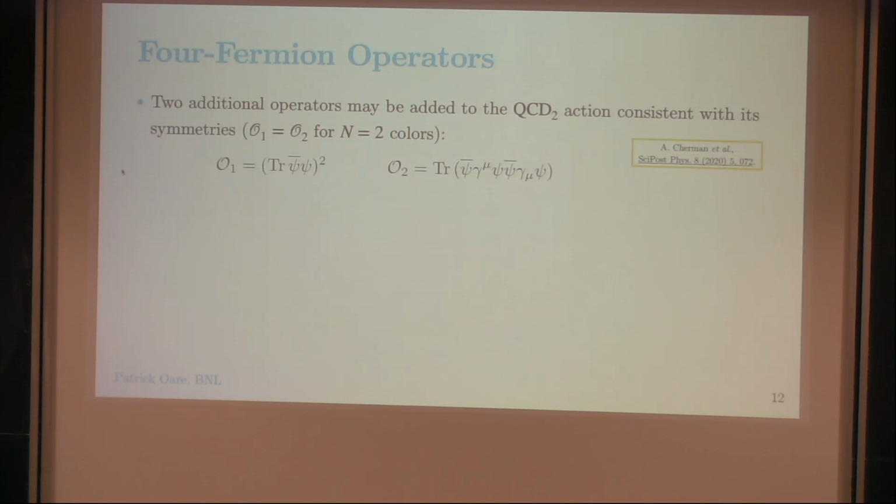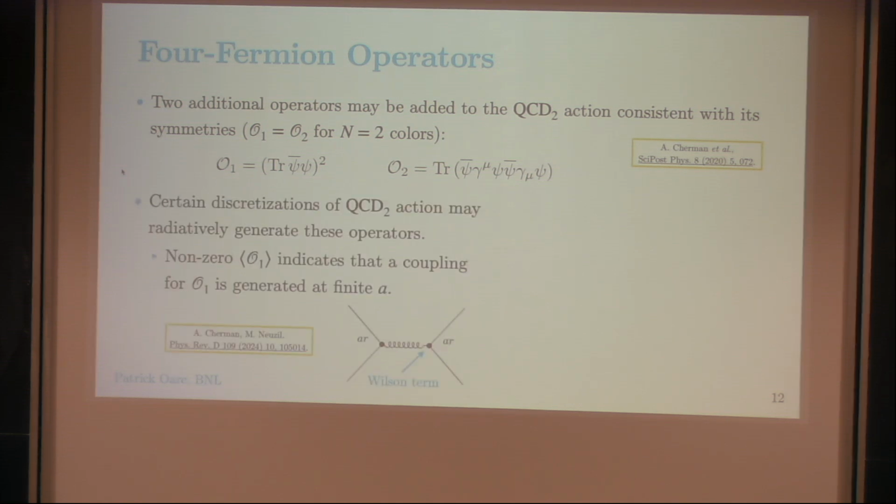The last thing I want to comment on is that you can add two additional operators to the theory. There's a really nice paper by Alexei where he talks about four-fermion deformations of adjoint QCD. Certain discretizations of the adjoint QCD action can potentially radiatively generate these operators, and you can explicitly compute the expectation values of these operators to see if our lattice simulations of the theory are generating these four-fermion couplings.